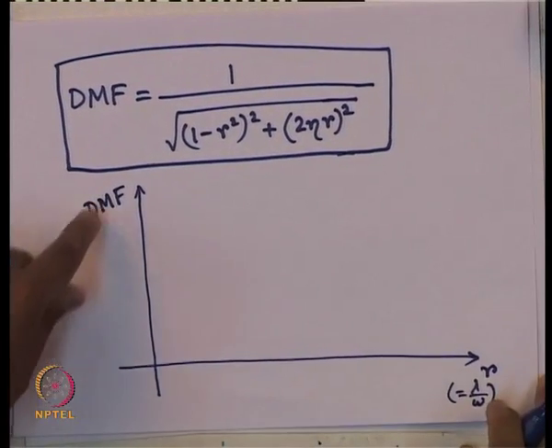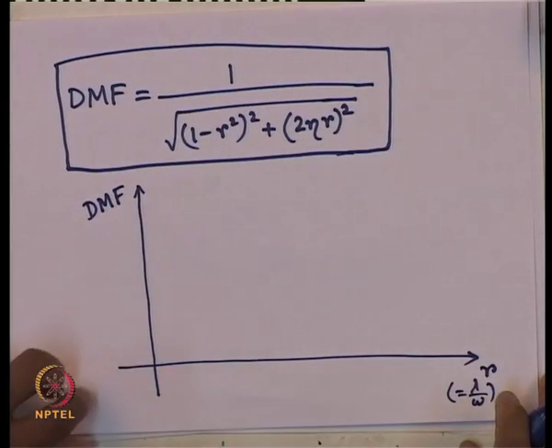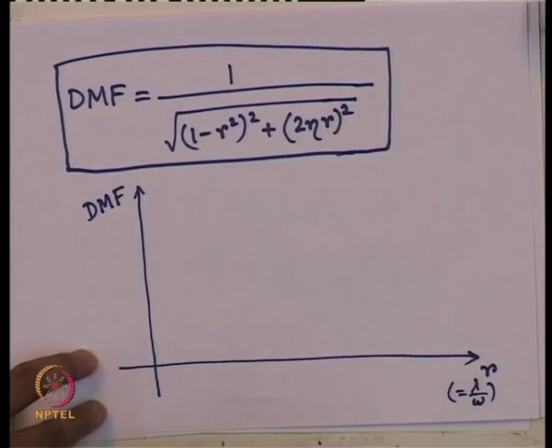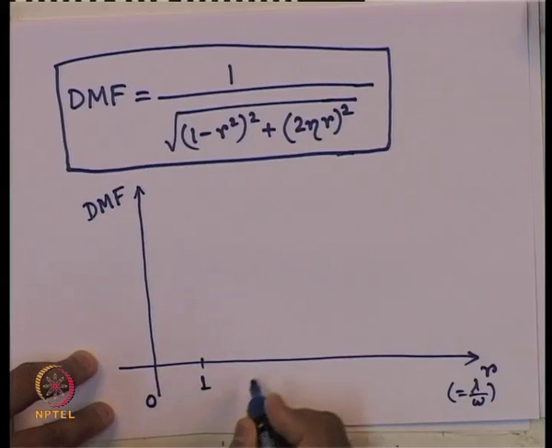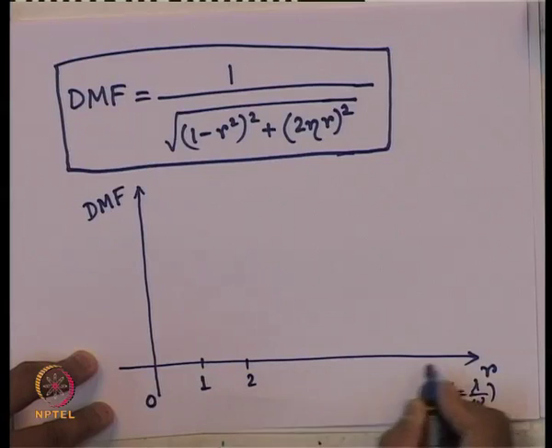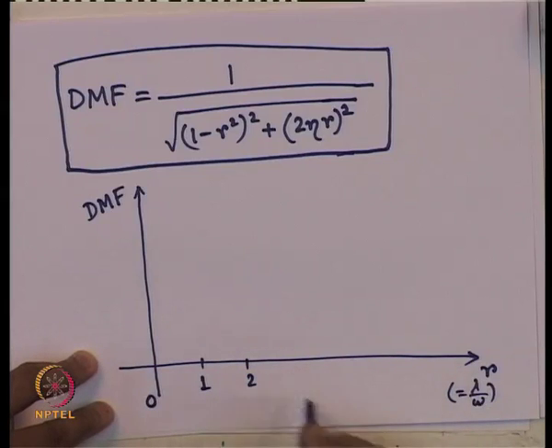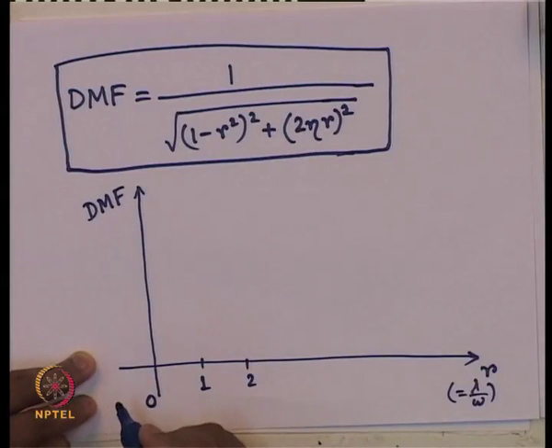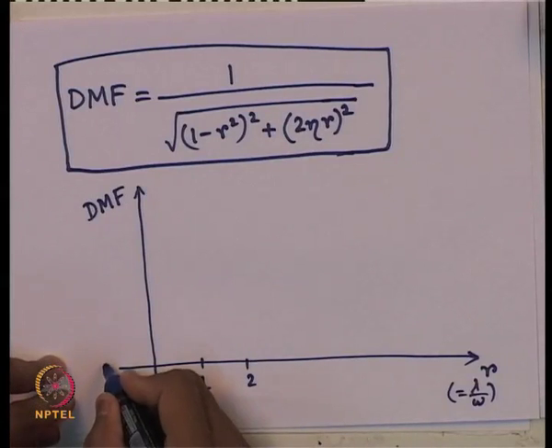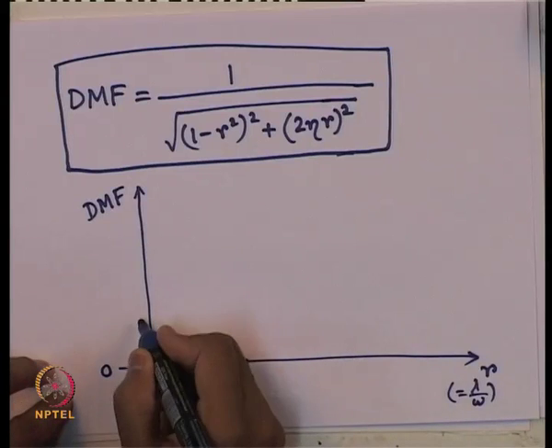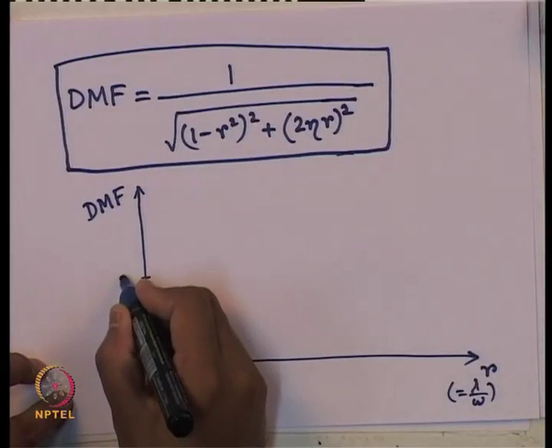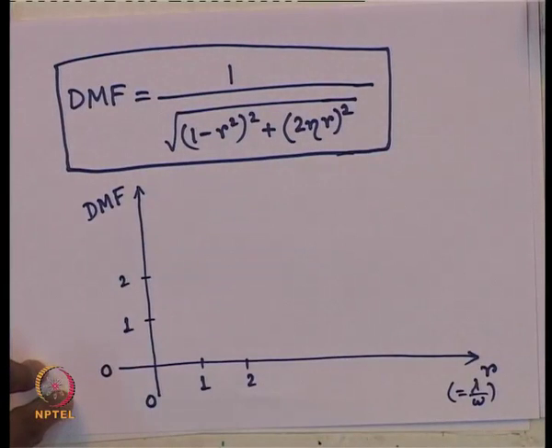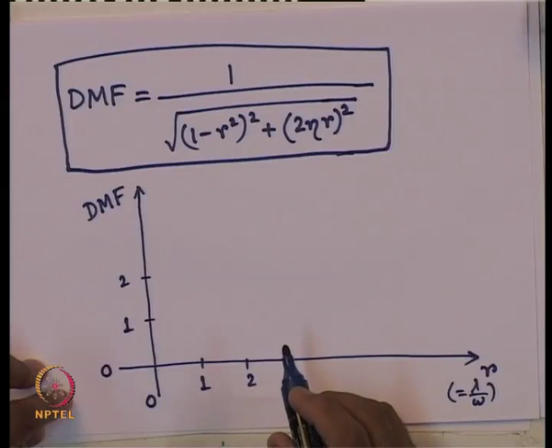If we look at this expression very carefully, r can vary from 0, say 1, 2 and then keep on going here, r can increase here, and DMF, let us start it from 0, say 1, 2 and other values.